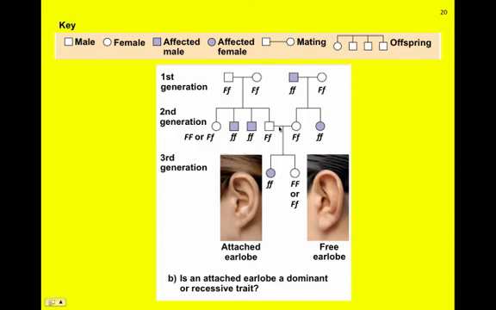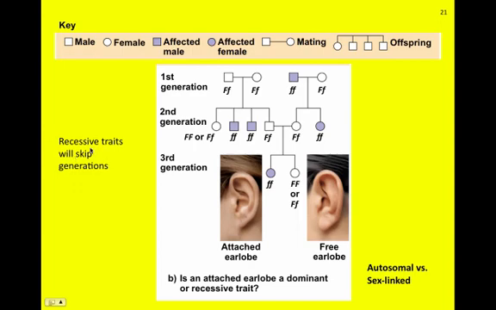Second generation mating. These 2 individuals don't have it, but one of their children does have an attached earlobe. This would indicate that having an attached earlobe is a recessive trait. The key is that recessive traits will skip generations.